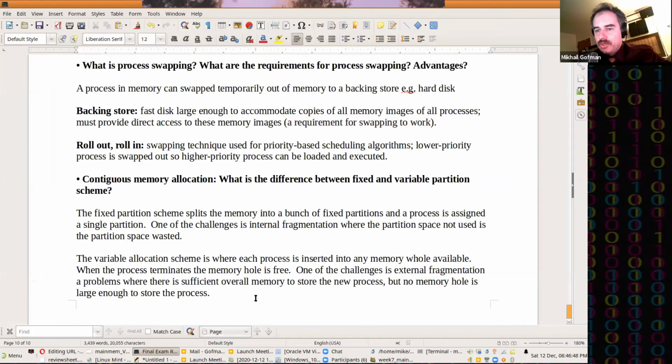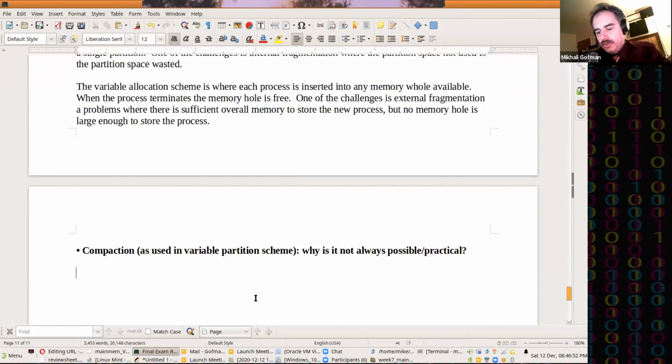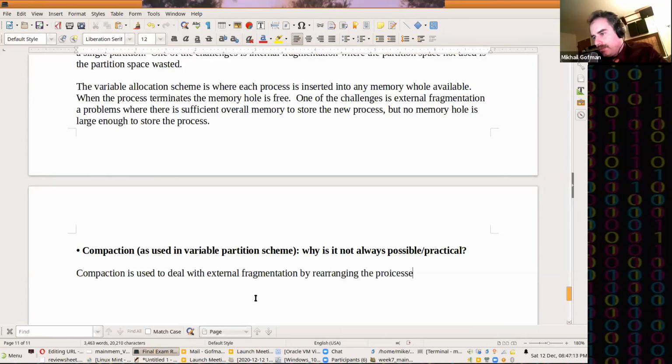Compaction is used to deal with external fragmentation by rearranging the processes in memory in order to merge all of the holes into one big hole for storing the new process.